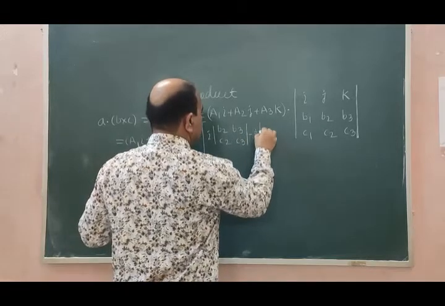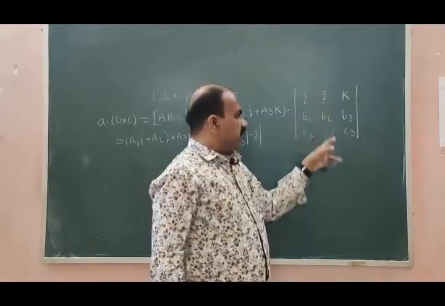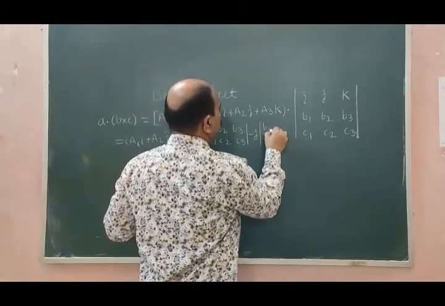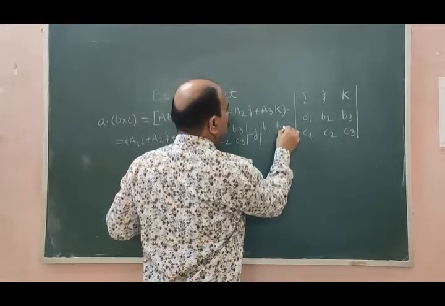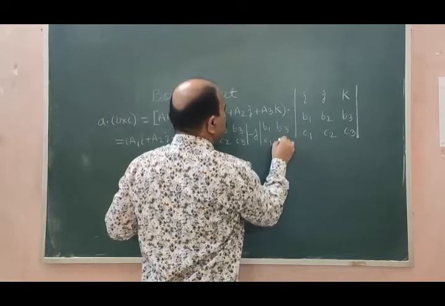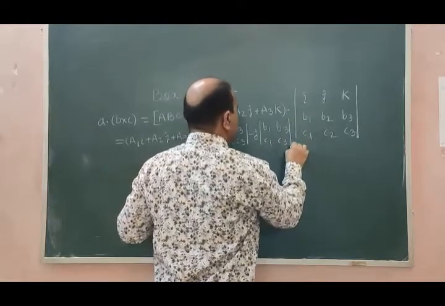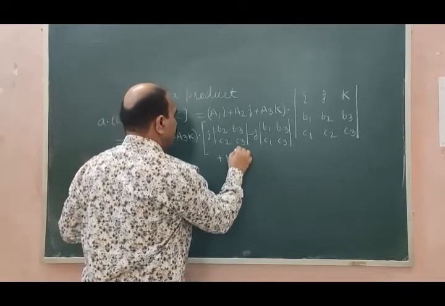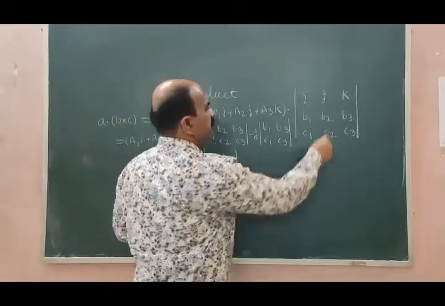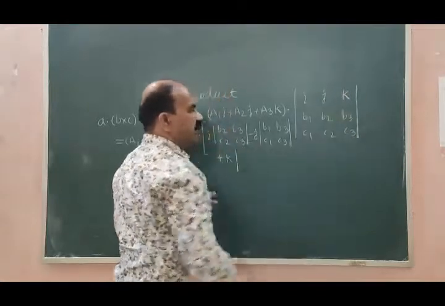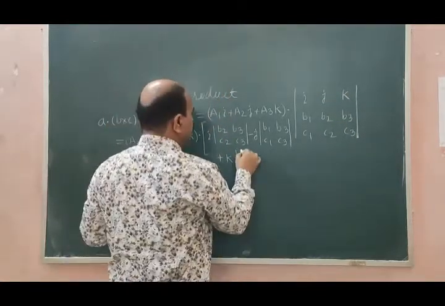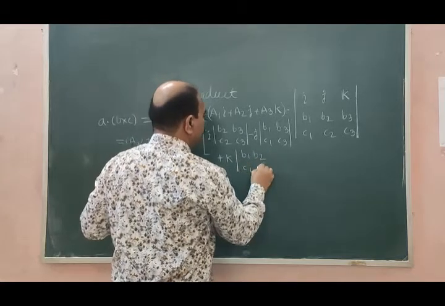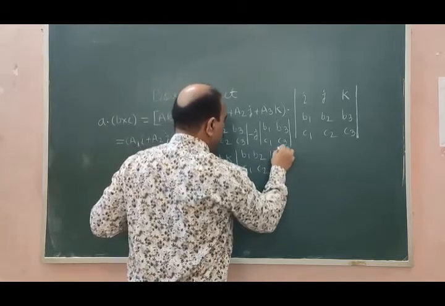Minus J into this column, this row skipped: B1, B3, C1, C3. Plus K into this column, this row skipped, what is left? B1, B2, C1, C2.